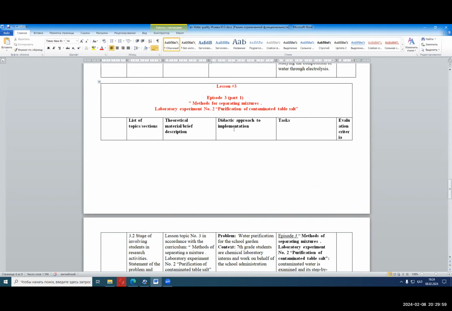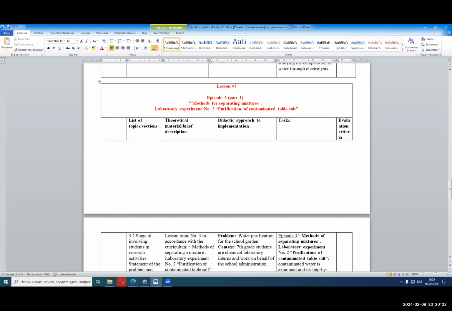Do you mean the whole unit, this unit? Yes. Actually, if we make this unit an additional course, it can be the whole year. For example, our educational year is 34 weeks.